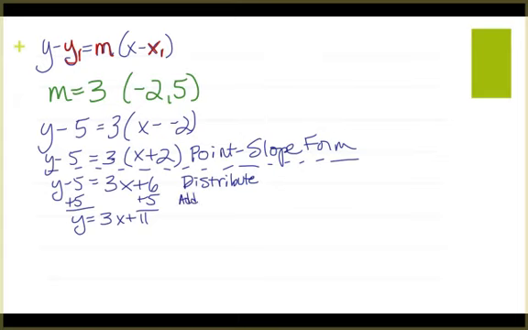So we're always going to have to either add or subtract, depending if it's positive or negative, the constant, the number without a variable, to move it to the right to get the y-intercept. Okay, so that's slope-intercept form. And so more often than not, that's where we're going to stop.